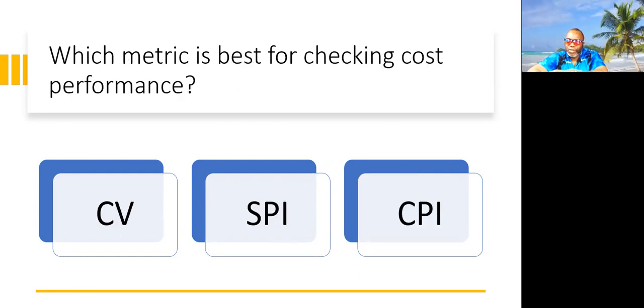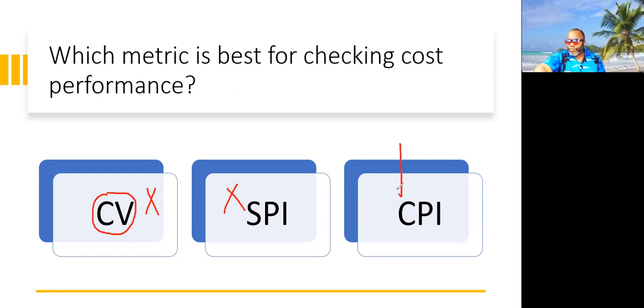All right, here we go. Next one. Which metric is best for checking cost performance? If you need more time, hit the pause button. 3, 2, 1. The best answer is not the schedule performance index, and it's not the cost variance. The cost variance is not the best because it shows you a variance, but it doesn't show you the variance in comparison with the overall budget.